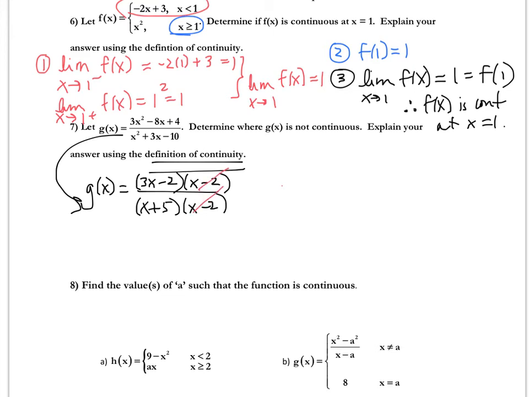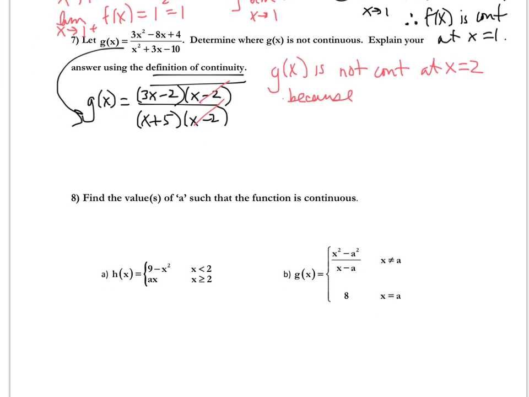Now, when a factor completely cancels, that's where we see a point of discontinuity. So I can say that g of x is not continuous at x equals 2 because, and here's the key thing, you cannot just say there is a point discontinuity.